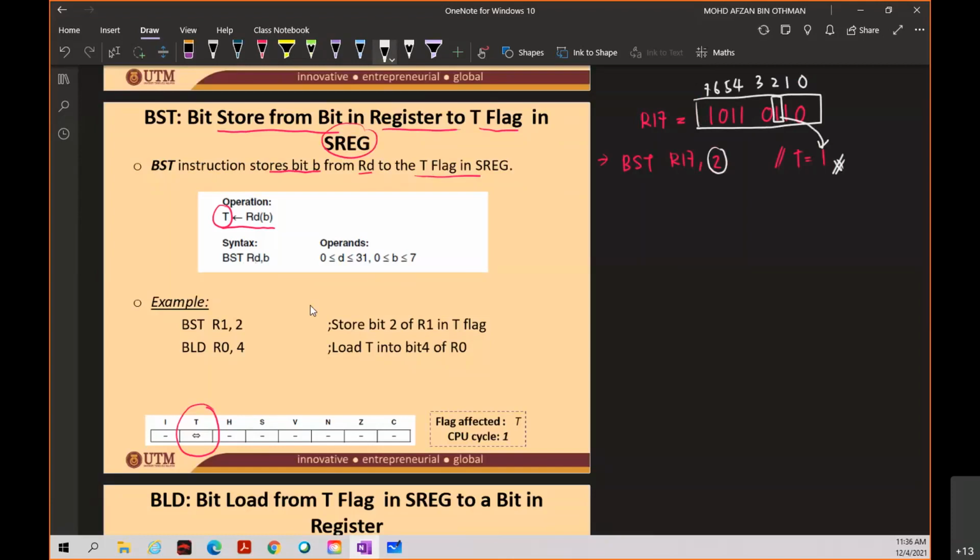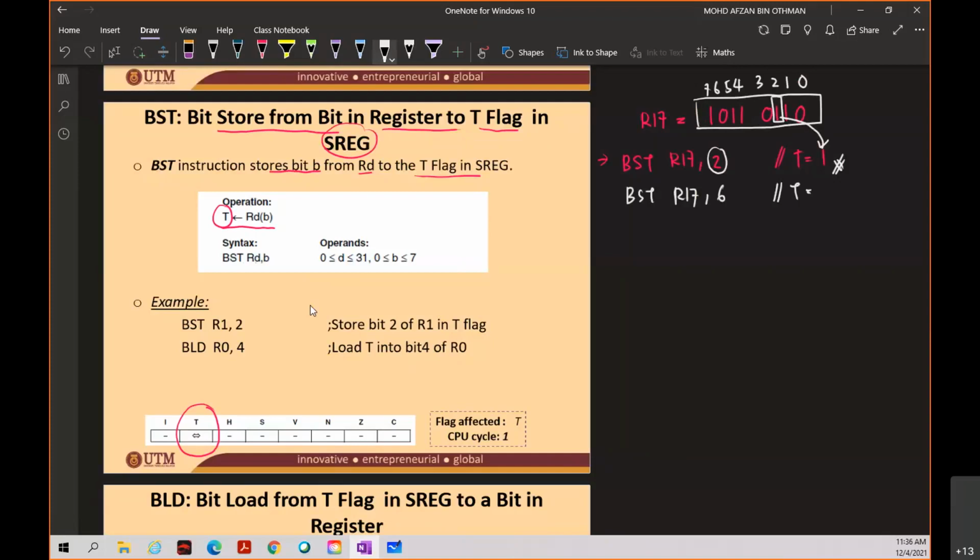Let's say another instruction, BST R17, 6. What is your T value after you execute this instruction? Zero.